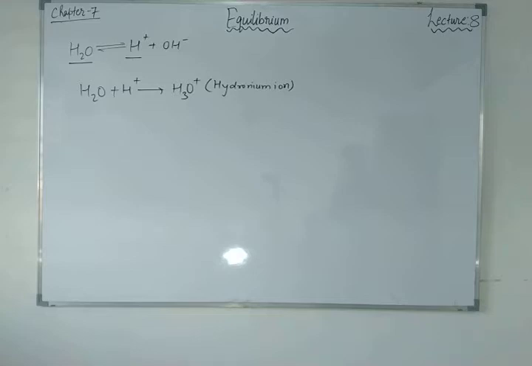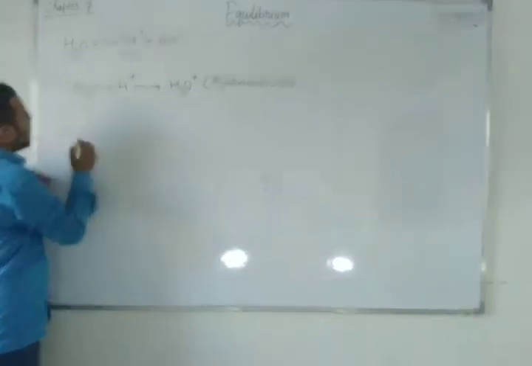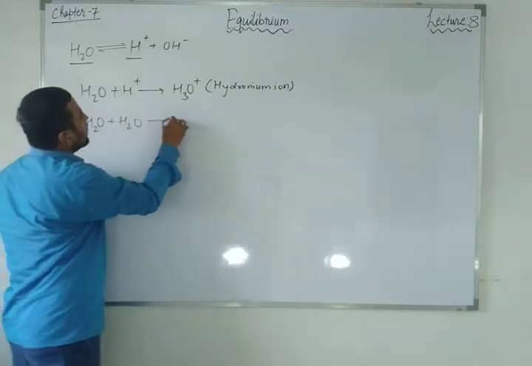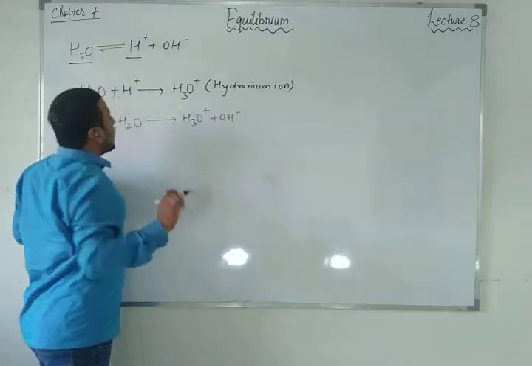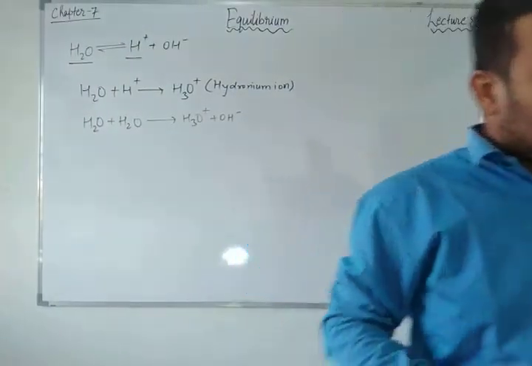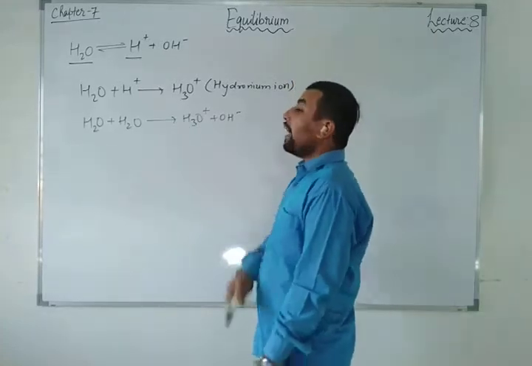At the same time, the following equilibrium exists. As you can see here, this reaction can also be written as H2O plus H2O gives H3O plus and OH minus, right? When H plus is absorbed by water, it becomes H3O plus, the hydronium ion.